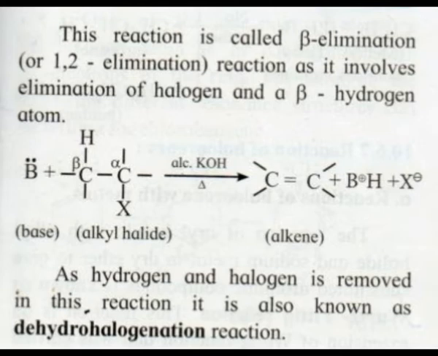When heated with alcoholic KOH, you get an alkene by the elimination reaction, plus BH plus X minus. As hydrogen and halogen are removed in this reaction, it is also known as dehydrohalogenation reaction.